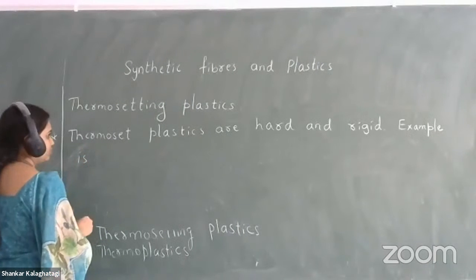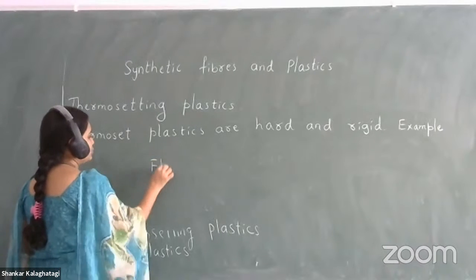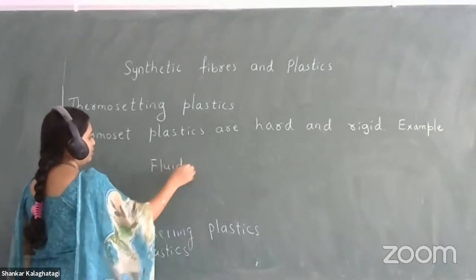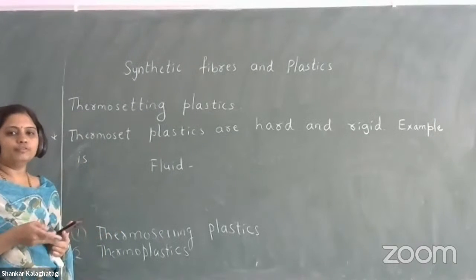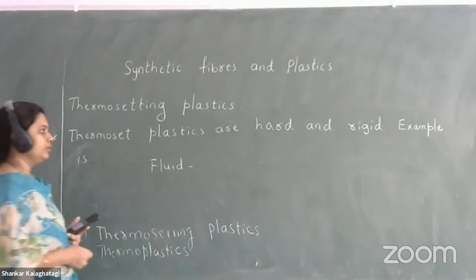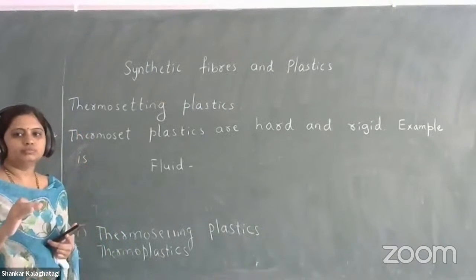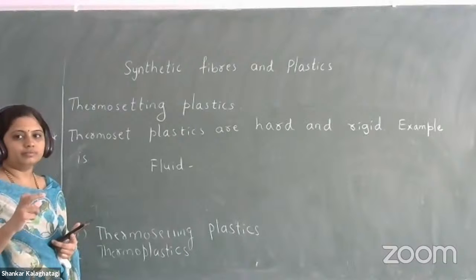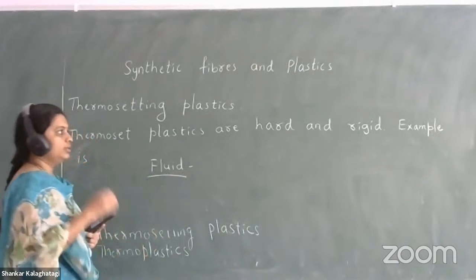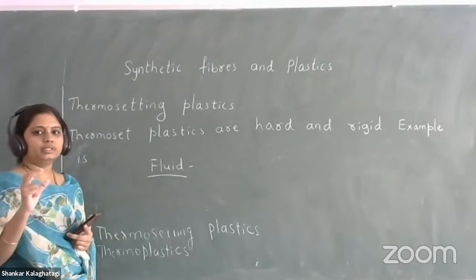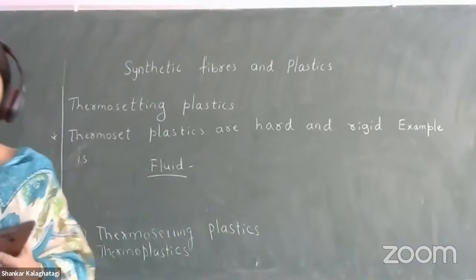Do you know what fluid means, students? Fluid means flowing. Water flows. But rigid means it will not flow. It is hard. It is solid. Fluid is liquid. Rigid means solid things will be rigid. They cannot flow.